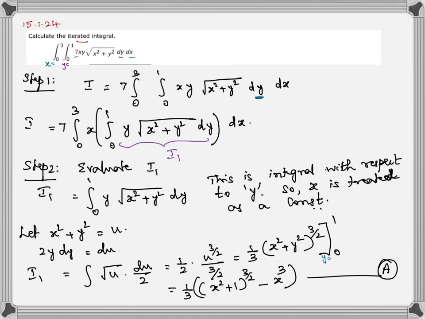Now we are going to get back to step number 1, and plug in this value of I1 into the integral expression for I in step 1.